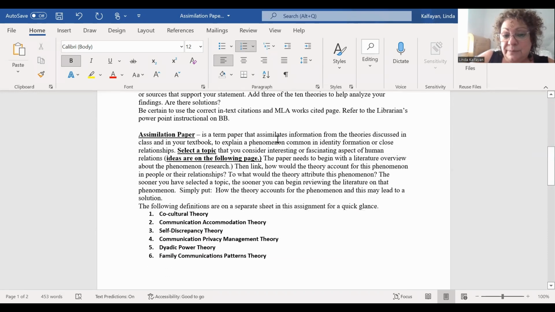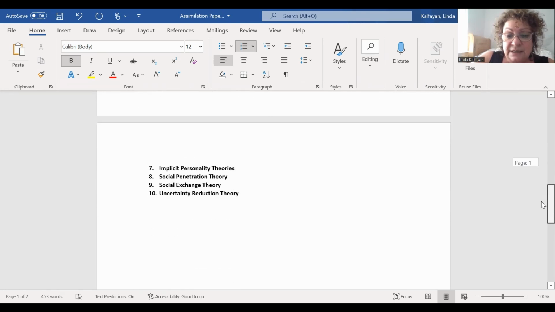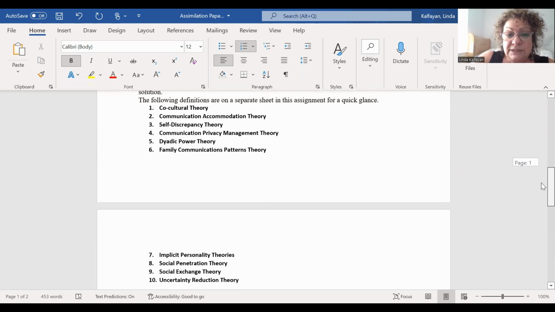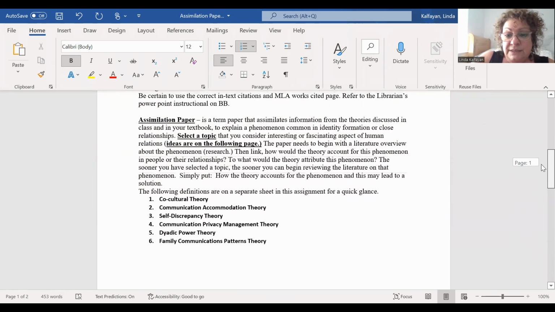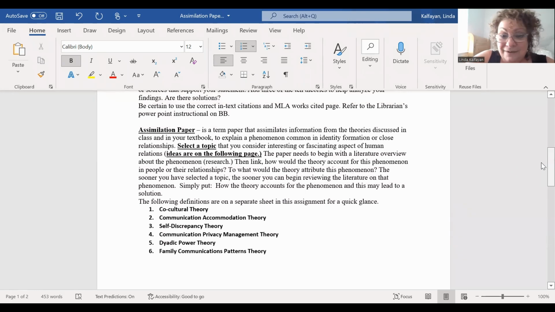Assimilation paper is the term paper. As we said, it assimilates information from the theories discussed in this class. When we went through selecting a topic, you saw where that was, and then we discussed the 10 theories. So that's just a summation of the type of information that we just put into this talk.